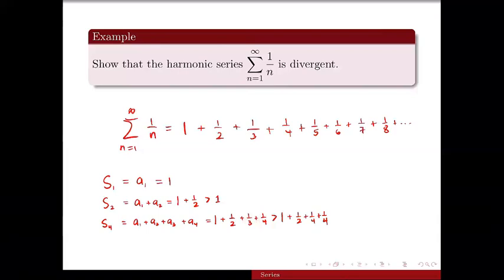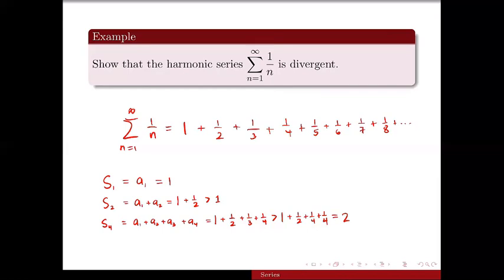But look at this: 1 half plus 1 fourth plus 1 fourth, that's equal to 1. Correct? So this guy here is equal to 2. Your S sub 4, that's greater than 2.